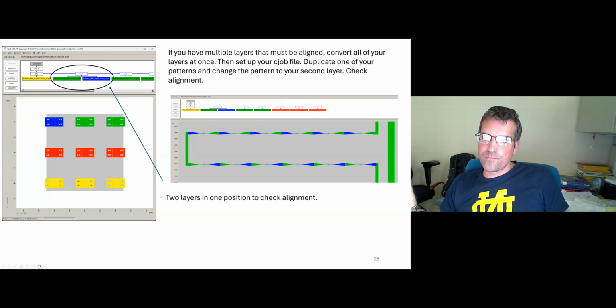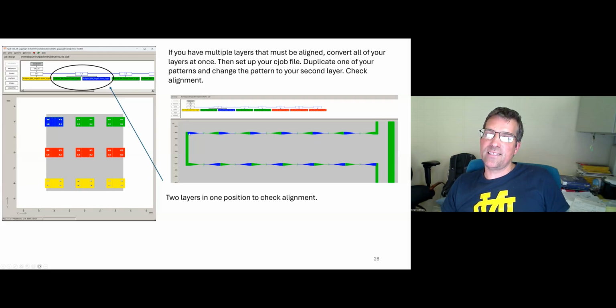And finally, if you have different layers, this is a trick that you can use to find out that the export of your pattern was correct, and so you can identify before exposure if your alignment will be fine. Just duplicate one of your patterns on the same die in this particular case and put the second layer on it.